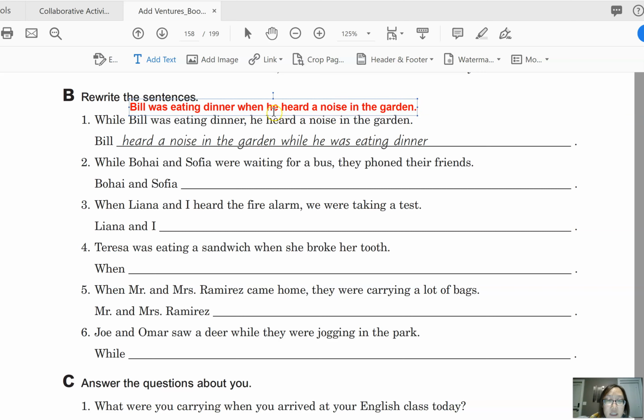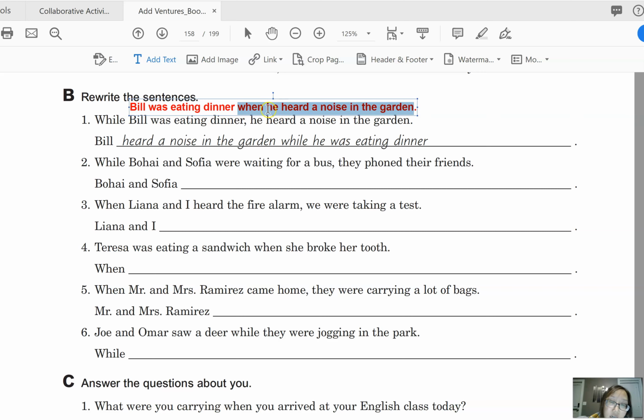Okay, so as you can see, this time we use the when clause with the past tense with the interruption. So Bill was eating dinner when he heard a noise in the garden. Or you can say, when Bill heard a noise in the garden, he was eating dinner. So you can put the when clause in the beginning, but you have to change he to Bill.